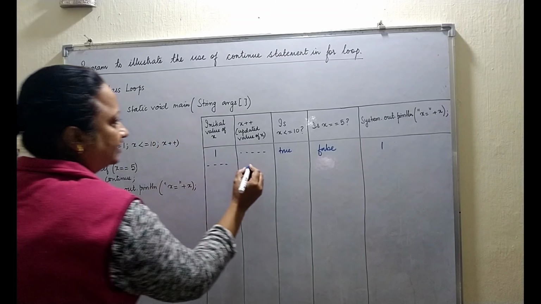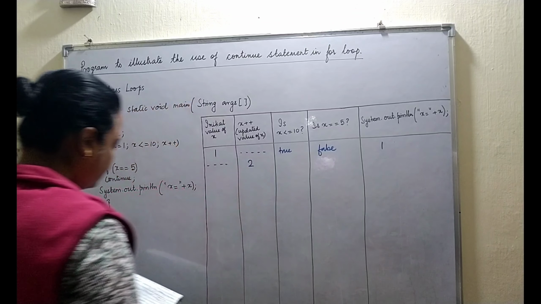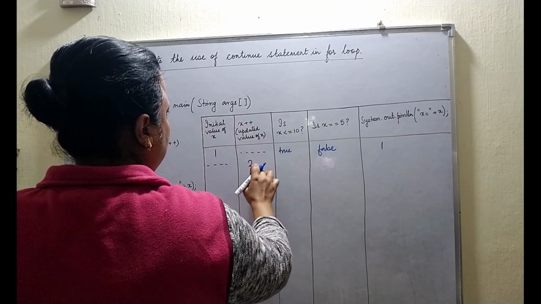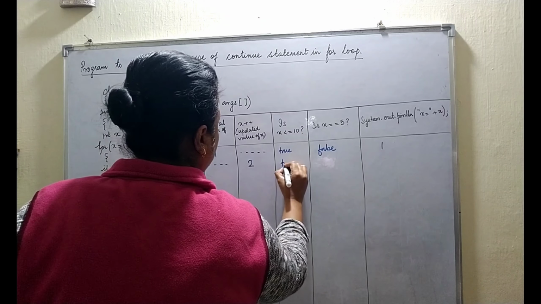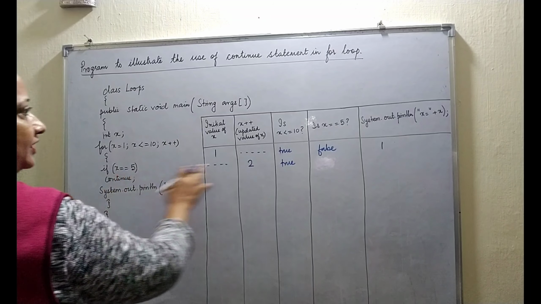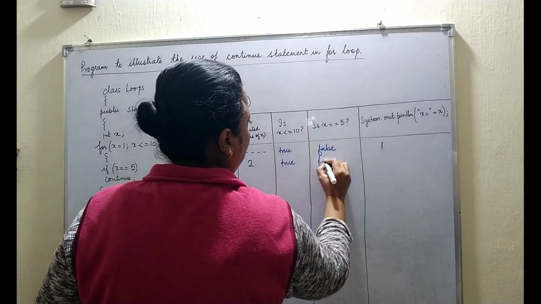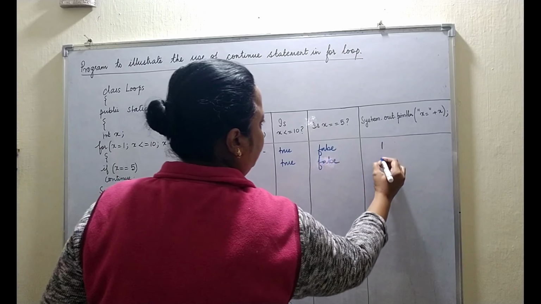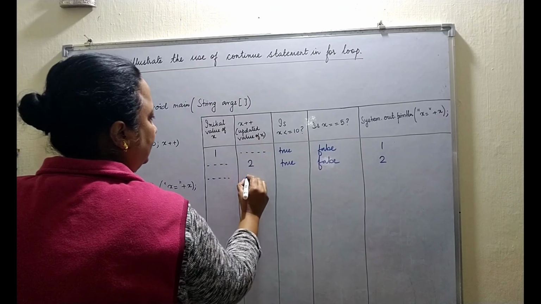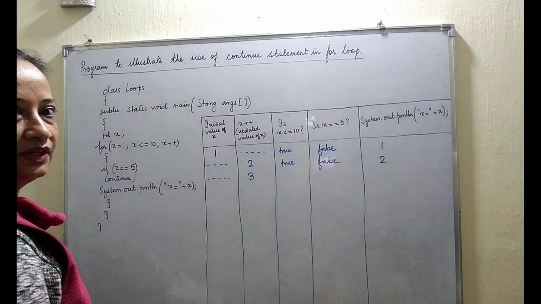Now after this, the updated value of x will be 2. Is x less than or equal to 10? 2 less than or equal to 10 is true. If x equals 5, is x equal to 5? No, false. So 2 will be printed. The updated value of x is 3.